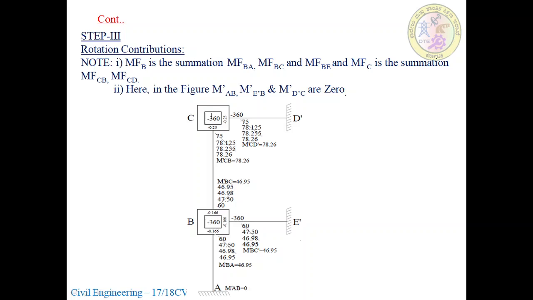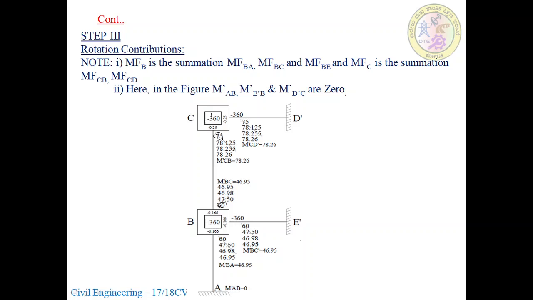While calculating you can go from down to up, otherwise up to down; there is no problem. If you start from here, this will be the far end value. So M dash DC is equal to 0, E dash B is equal to 0, M dash AB is equal to 0.